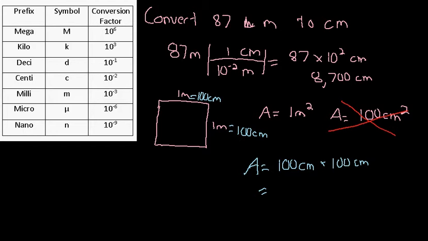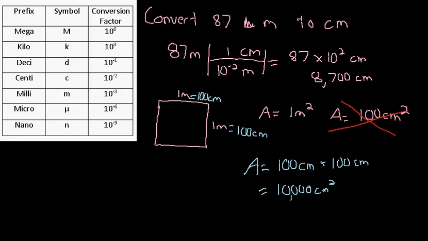So we actually get 10,000 centimeters squared. So it doesn't really make a lot of sense. How does that work, Brendan? 1 meter is 100 centimeters, but 1 square meter is 10,000 centimeters squared. Well, this is the proof that it doesn't work, kind of a proof by example.